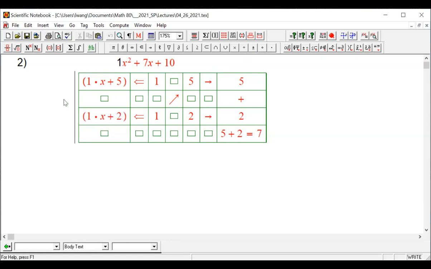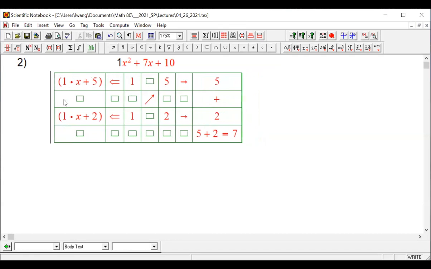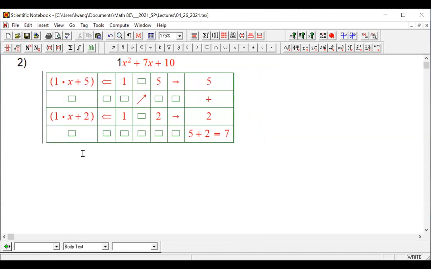So we found our factors. This is the general setup if you put it nicely in the table. And I'm going to give you the handwriting version of it. The factors would be x plus 5 multiplied by x plus 2.